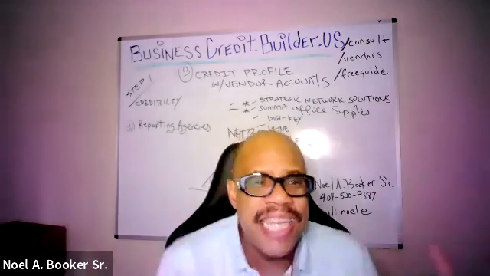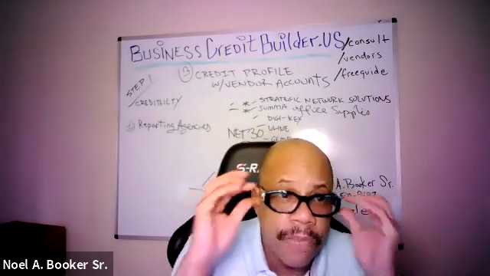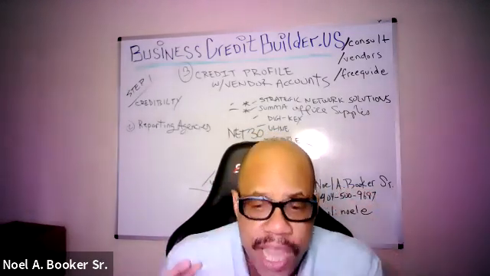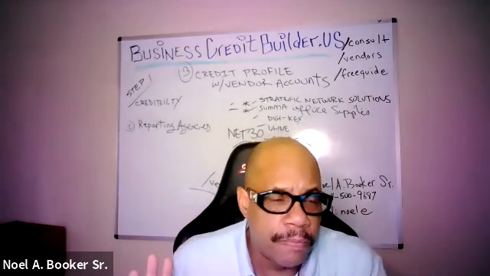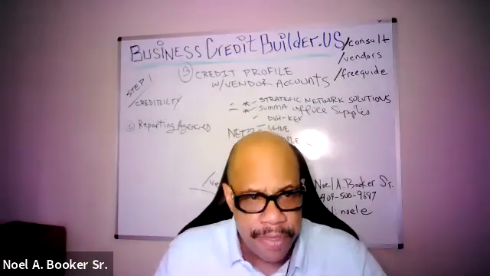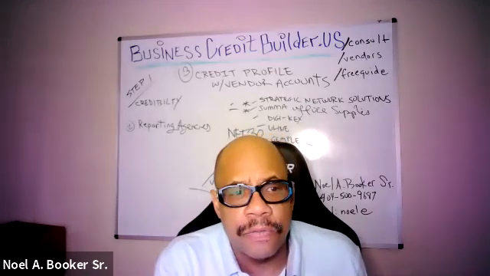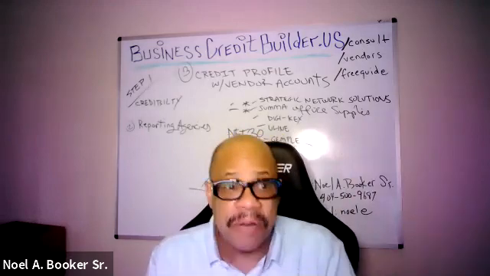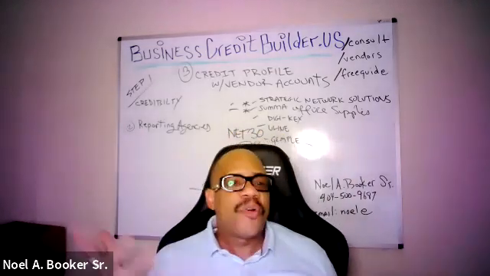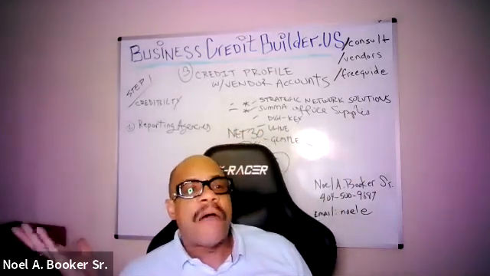The whole idea with business credit is to create these trade lines on your business credit report. To have as many trade lines on your business credit report that are paying on time, that tells a lender, hey, they can pay a bill. And that's what this is all about.